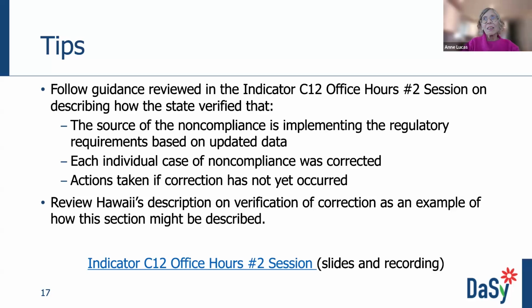And it's not a general description of how you do it for any finding, but for those findings. So for indicator 1 findings, you would be talking about how you did it for indicator 1, what data source you used, and all of those pieces that fit together with it, and how much data you pulled, and when you did it. So keep that in mind and make sure that it's not just this general description.